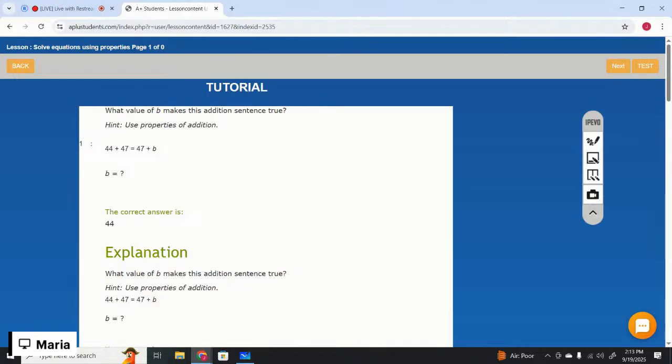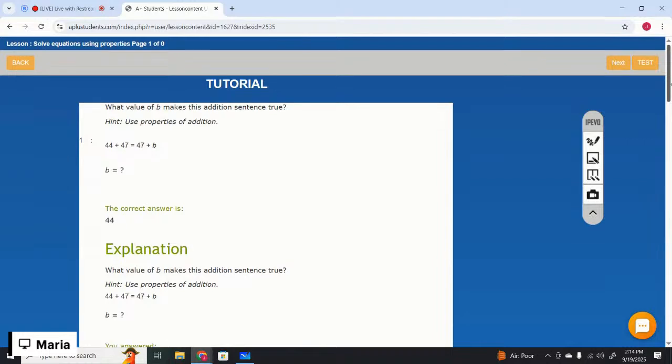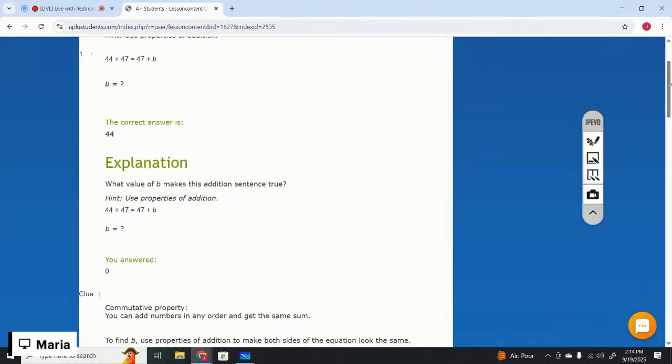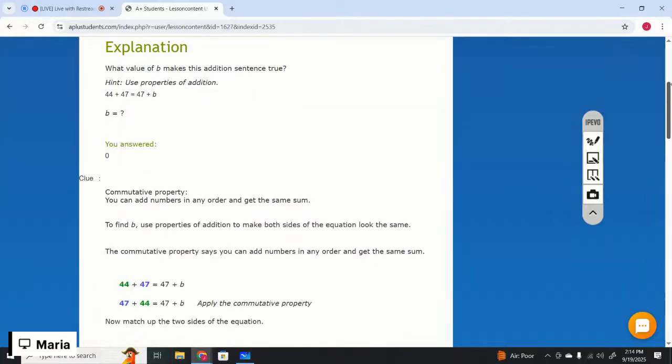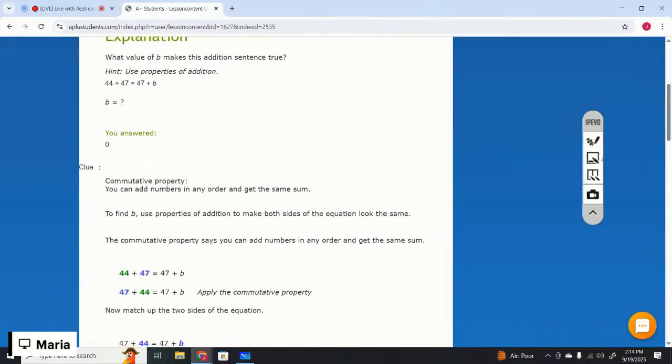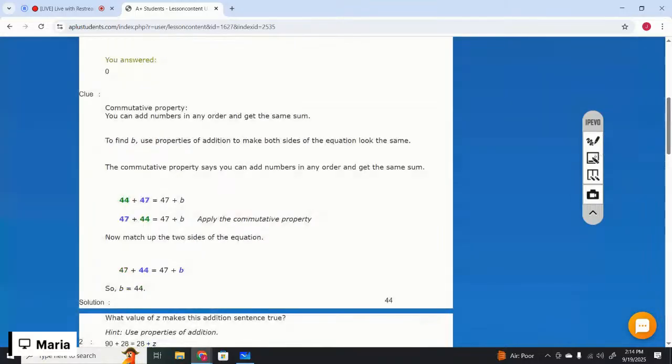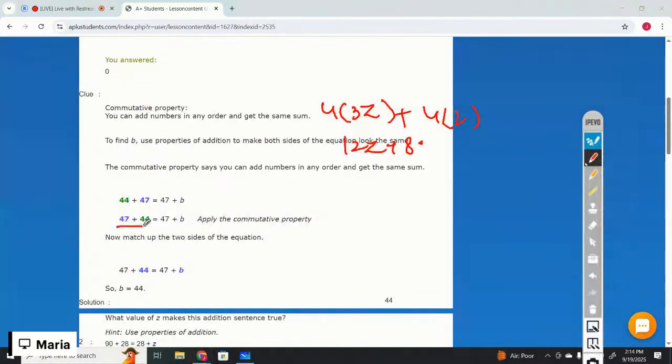What value of B makes the addition sentence true? 44 plus 47 equals 47 plus B. Both sides the number must be the same.